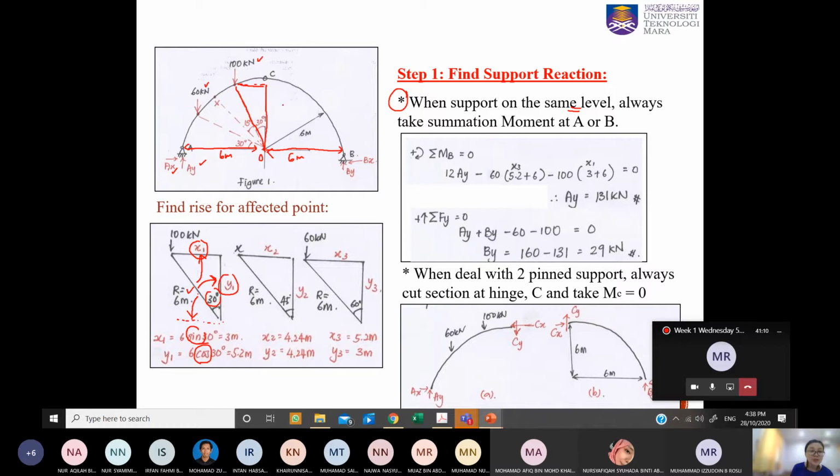Maybe I will show again how to get this x3 out from here. Just draw this triangle. I'm sorry I cannot use other colors. So this now is the triangle that I intend to use to determine my x3. And the angle here will be 60 degree.